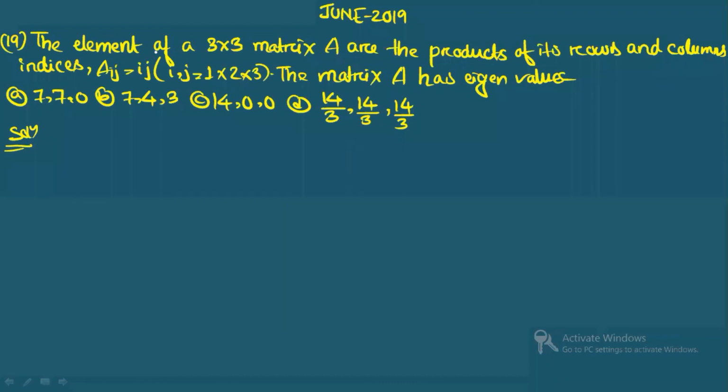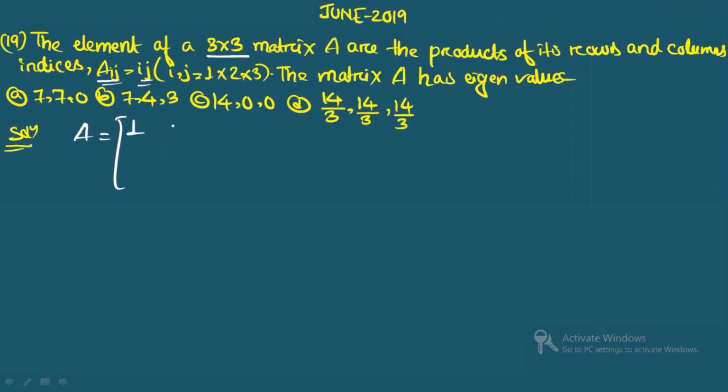So question number 19: the elements of a 3 cross 3 matrix A are the products of its row and column indices, that is Aij is equal to i times j. You've seen this question; we have got it in 3 different papers, and we were asked the eigenvalues, but one question was about something related to the degenerate eigenvalues. So directly we can just do it, because it's a 3 cross 3 matrix A and the elements are the product of the indices i and j.